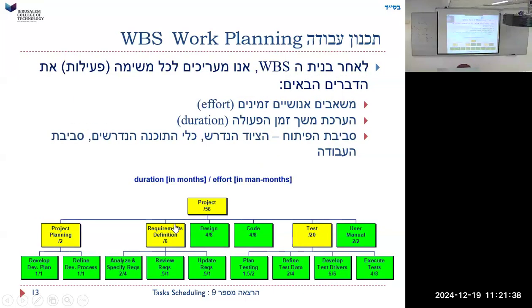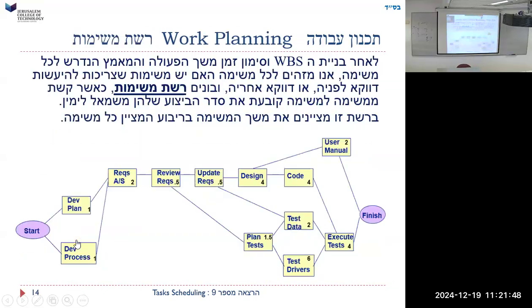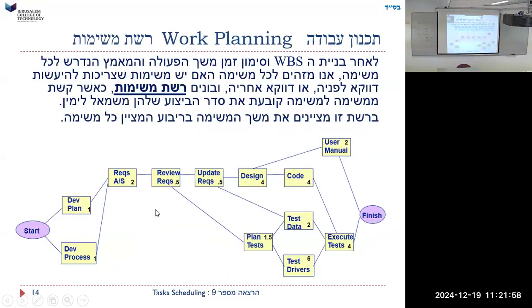And then when they're finished, I guess anything underneath the yellow can be done in parallel. So these two can be done in parallel. And then we do requirements, and we have analyze and specify requirements. Analyze and specify.